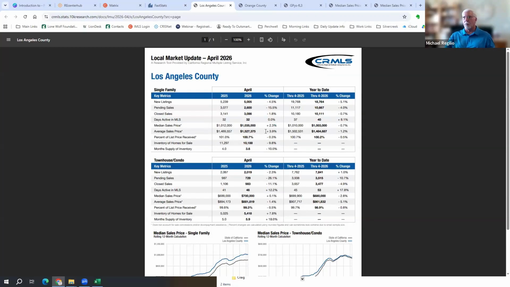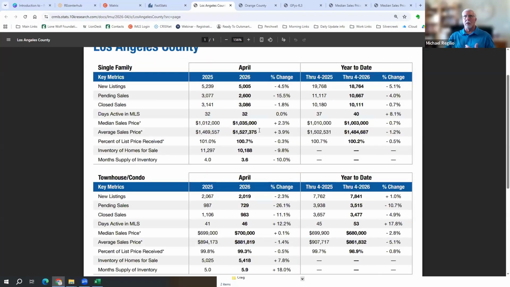But one of the things that I like InfoSparks for is because we're always looking for things to post, right? Information to provide to our database, our sphere, to the public. So having this information to say that in LA County, CRMLS shows that the number of new listings was down 4.5%.